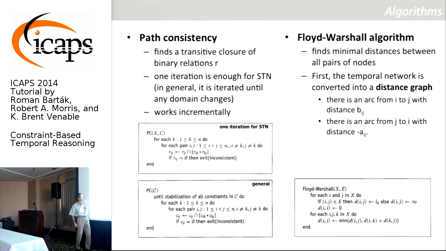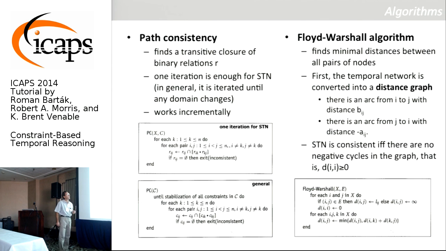We have a composition and intersection, and in Floyd-Warshall, we have a sum and minimum, right? So both algorithms are using similar principles, and you can find these principles in many areas of computer science. For example, Kleene's theorem in automata theory uses exactly the same principle, making a transitive closure of something, right?